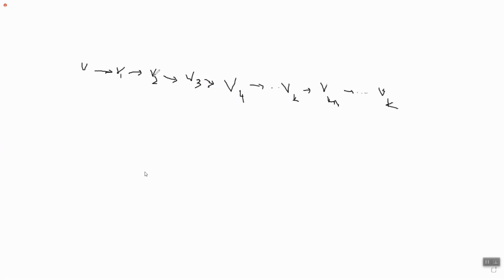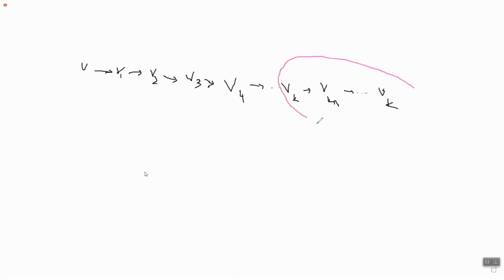Because when you choose starting V1, V2, we keep on adding the edges continuously. Since the graph has a finite number of vertices, when you keep on adding vertices, you will come to a vertex you have already visited. That part of the walk from Vk to Vk is called the cycle.